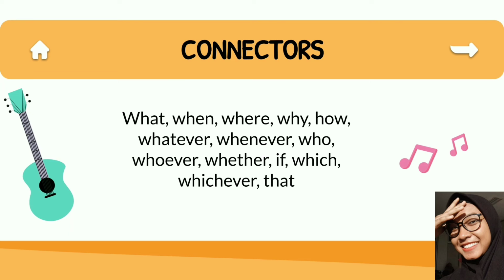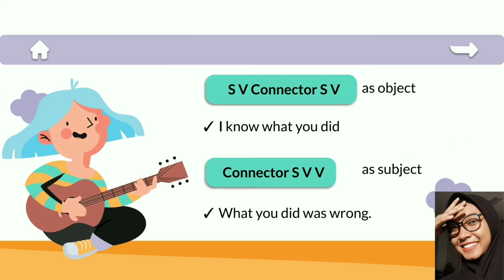You can use these connectors like what, when, where, why, how, whatever, whenever, who, whoever, whether, if, which, whichever, and that. There are two structures of noun clause. The first one is subject, verb, connector, subject, and verb.